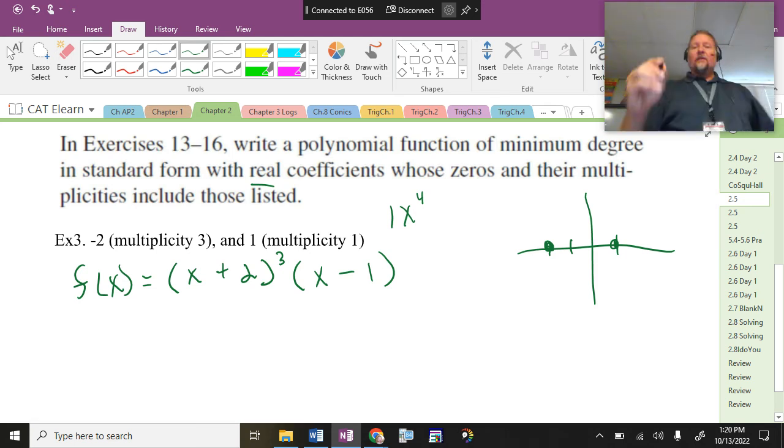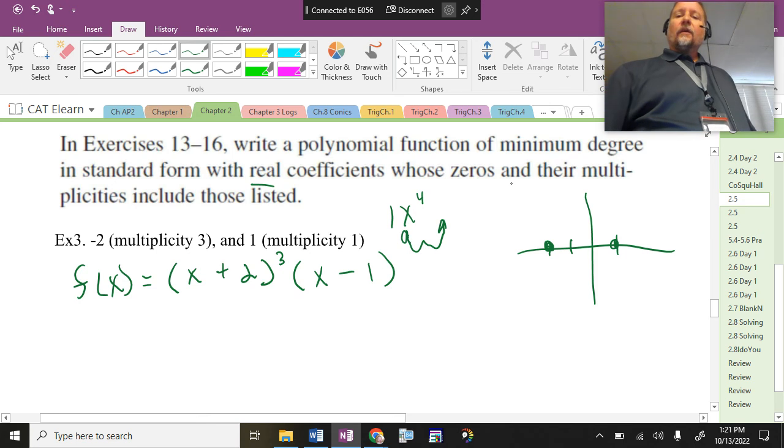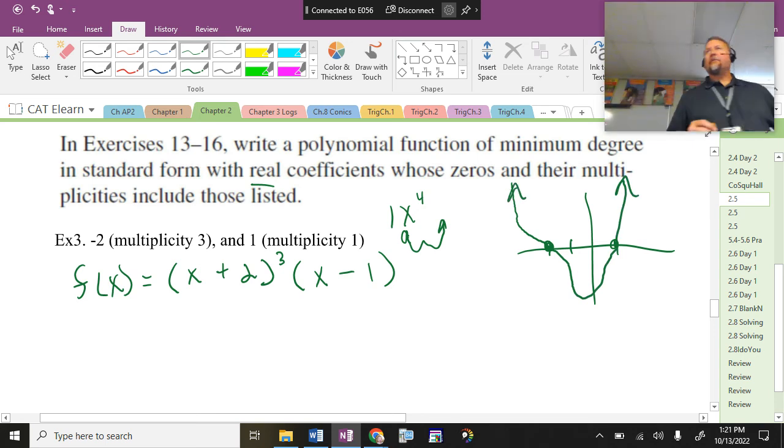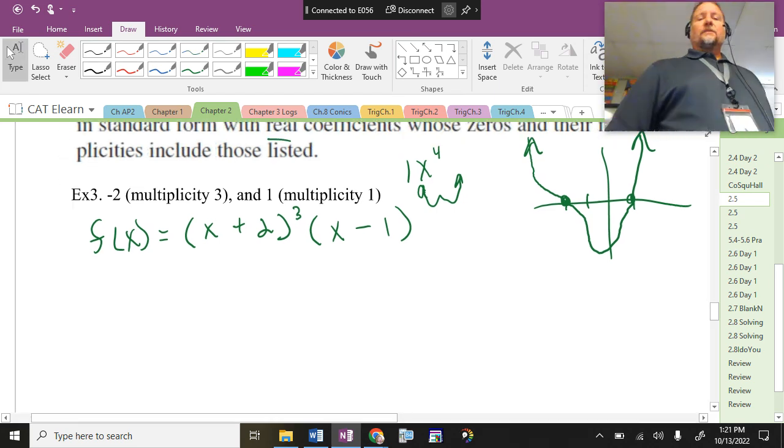Well, with the multiplicity 3 zero, it comes through like a cubic, then comes up through here and goes up there. So that's just a little review. That'll probably come back at you, not on our 2425 quiz, but when we get to the test.